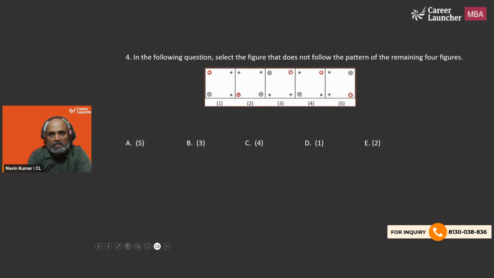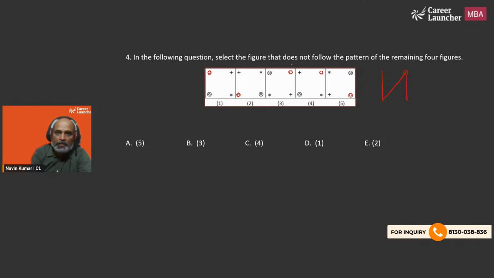So there is the pattern that it starts from here, it comes here, it goes there, it stays here, and then it comes down. So basically it stays at the same point once. So one of these shapes is definitely a wrong one, right?